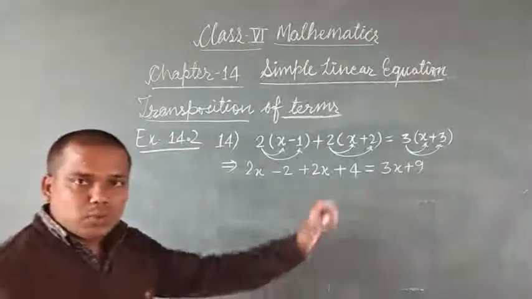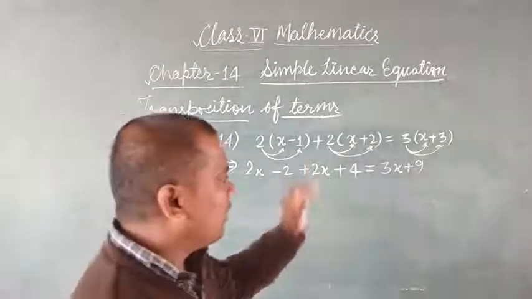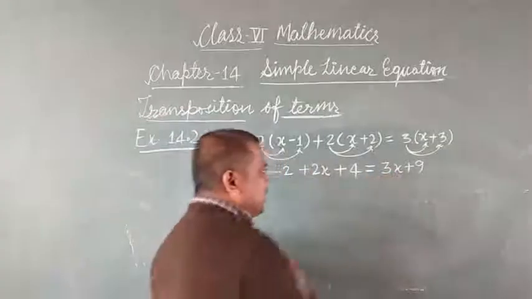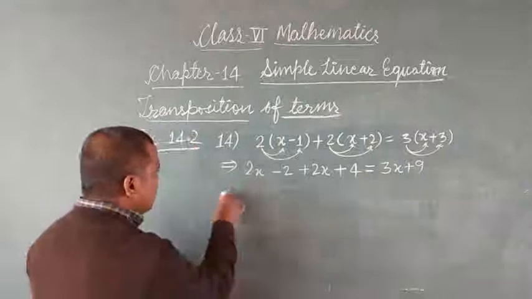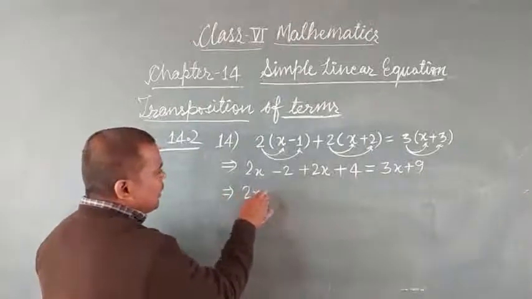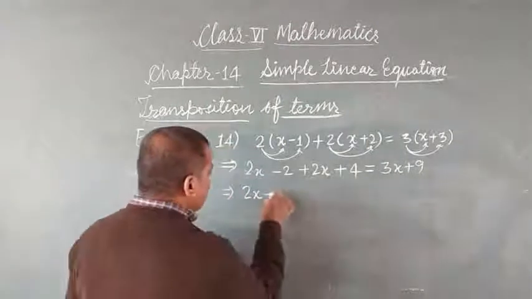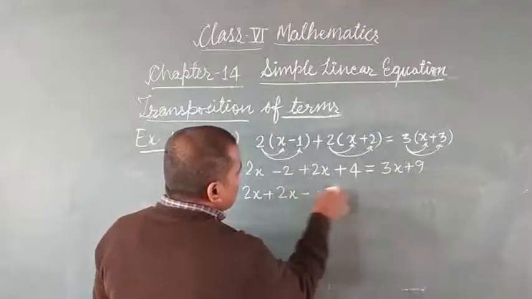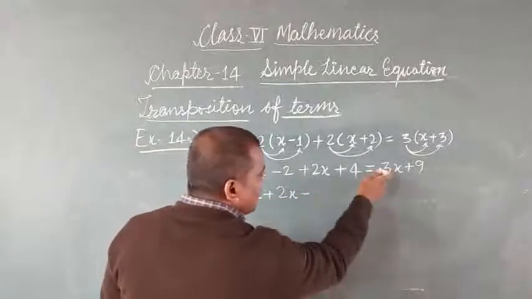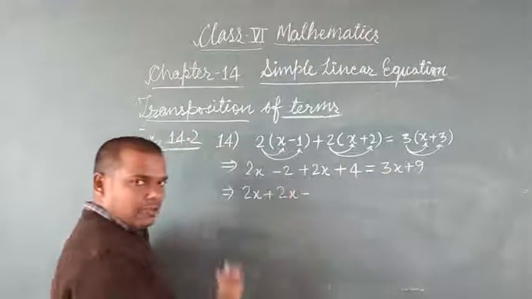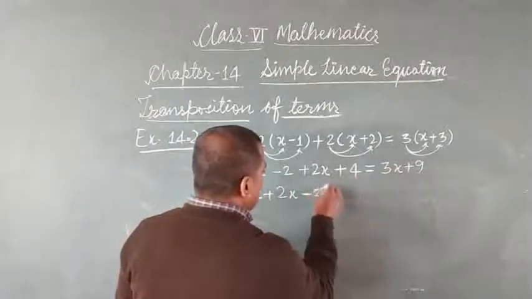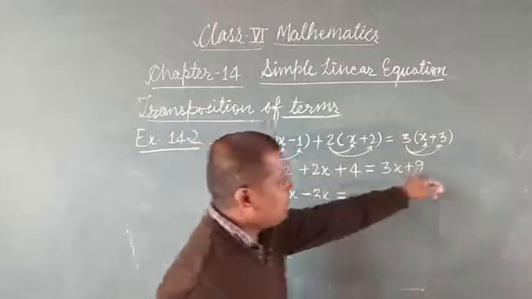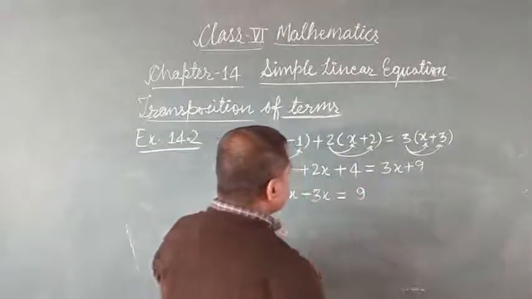Now we will transpose the terms from left to right and right to left. We will send x to the left side and constant terms to the right side. So here 2x plus 2x minus 3x come from that side. Here it is plus 3x and it will come to the left side. It will become minus 3x. And now here it is plus 9. So we write 9.